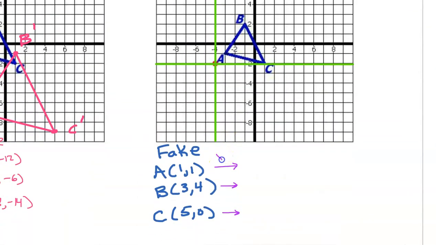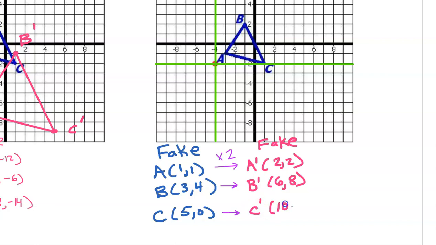So once again, we will be multiplying everything by 2. All right, still fake. So A prime will be 2, 2. And B prime will be 6, 8. All right, I'm just multiplying everything by 2. And C prime will be 10, 0.